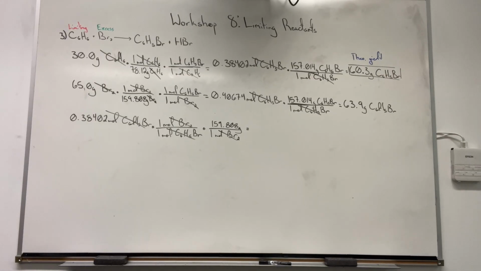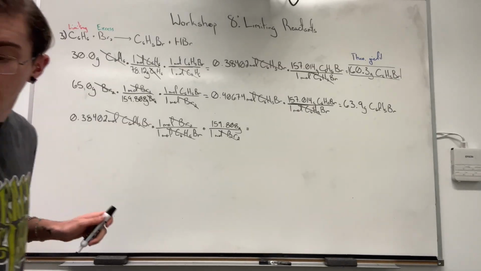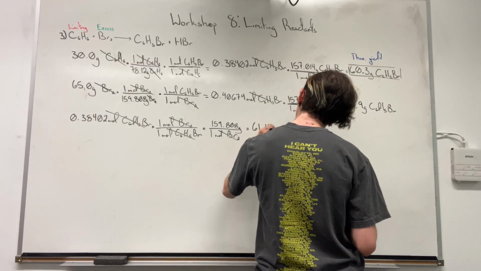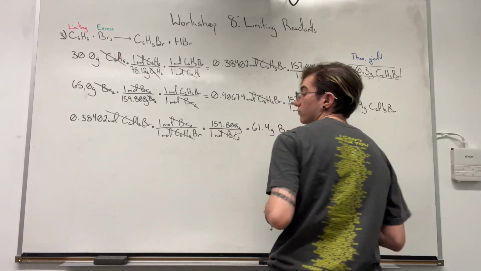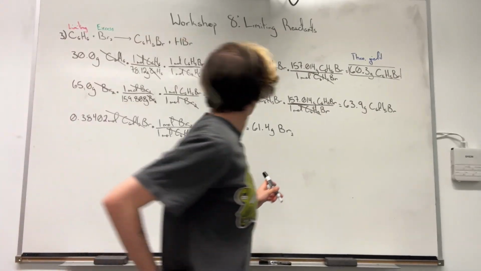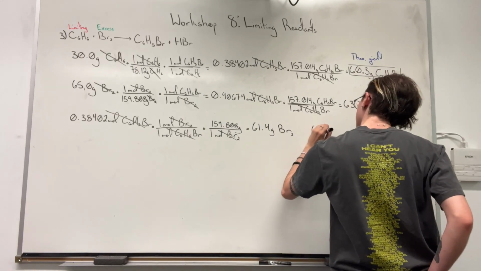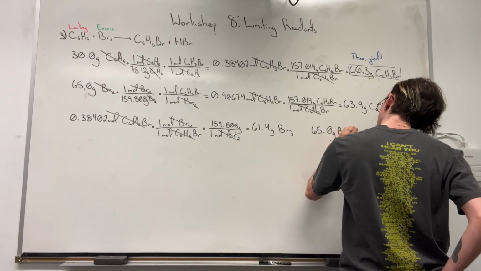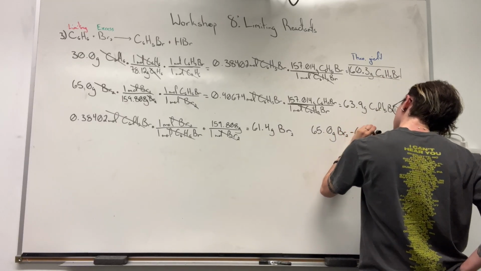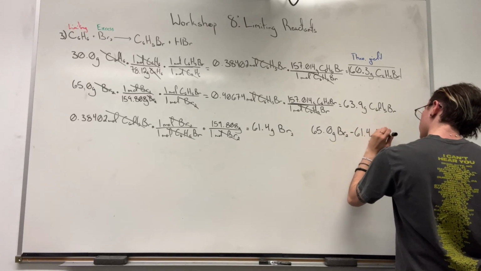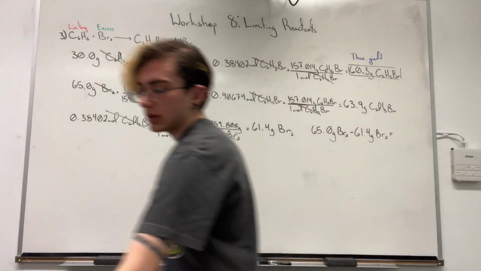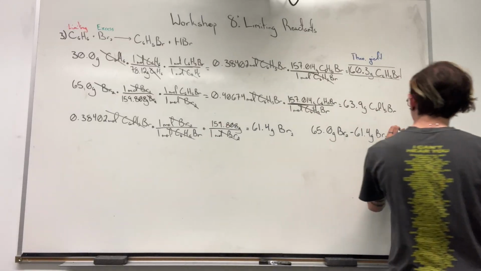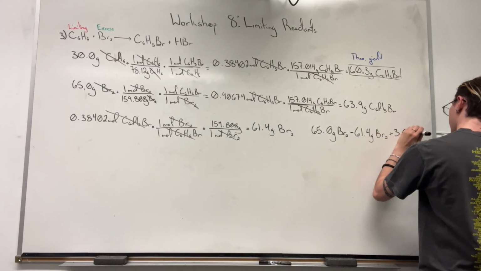And so to make 60.3 grams of bromobenzene, we only need 61.4 grams of bromine. We have 65 grams to start with, we only need 61.4, and so in excess, we have 3.6 grams of bromine left over.